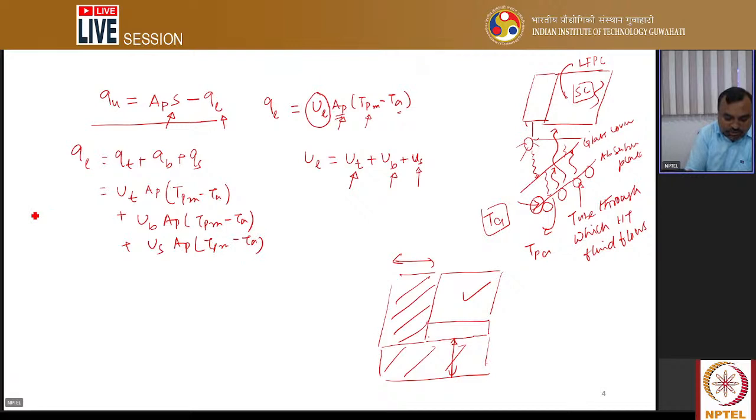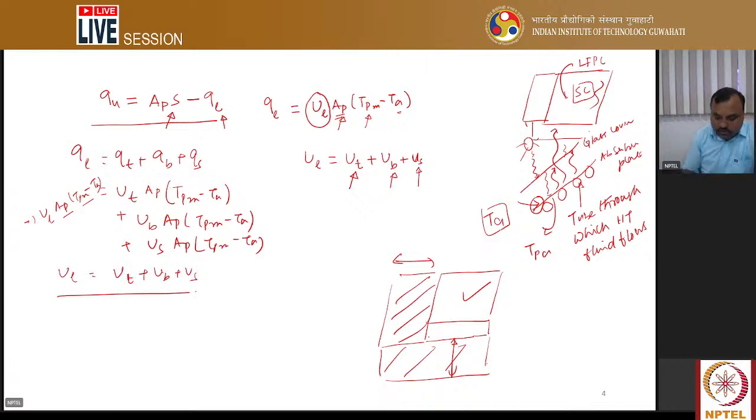Again, you know QL is nothing but UL AP (TPM minus TA). Okay. So if we divide the entire expression by AP (TPM minus TA), then UL is equal to UT plus UB plus US. Okay.